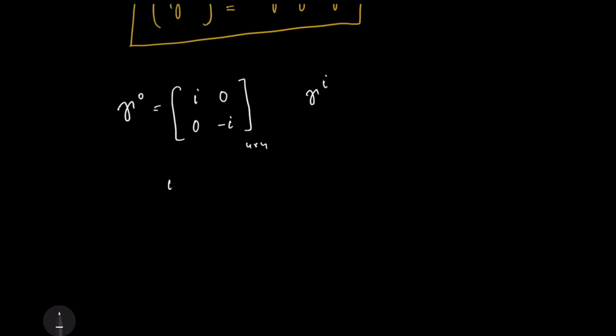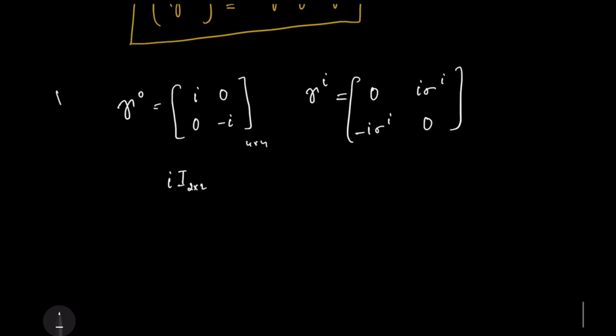When I say I, it is I multiplied by identity 2 cross 2, and minus I, and here gamma I is equal to 0 I sigma I, minus I sigma I 0.